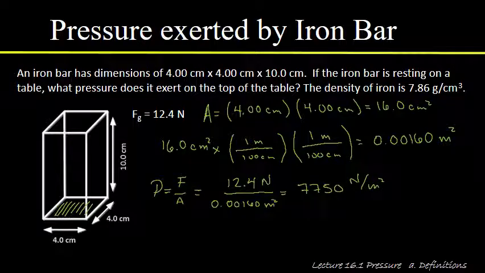And of course, a newton per square meter is a Pascal. So the pressure exerted by the iron bar in this orientation is 7,750 Pascal. And that's already got 3 significant figures, so that's fine.